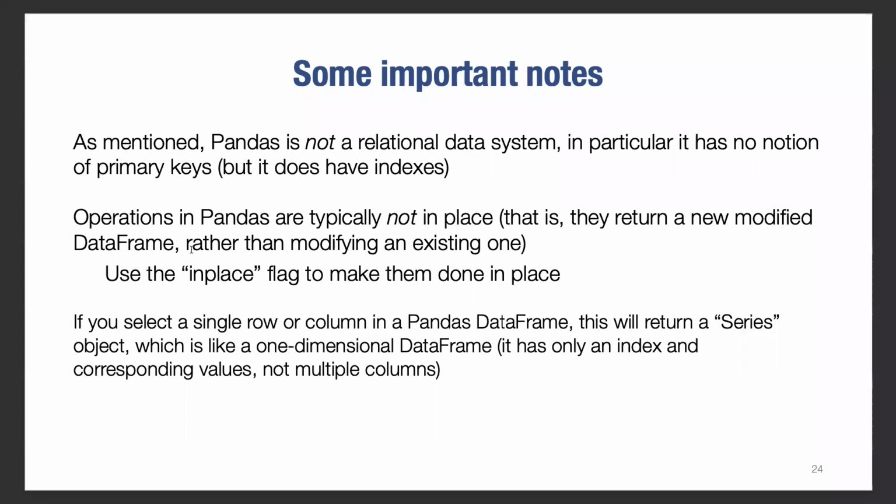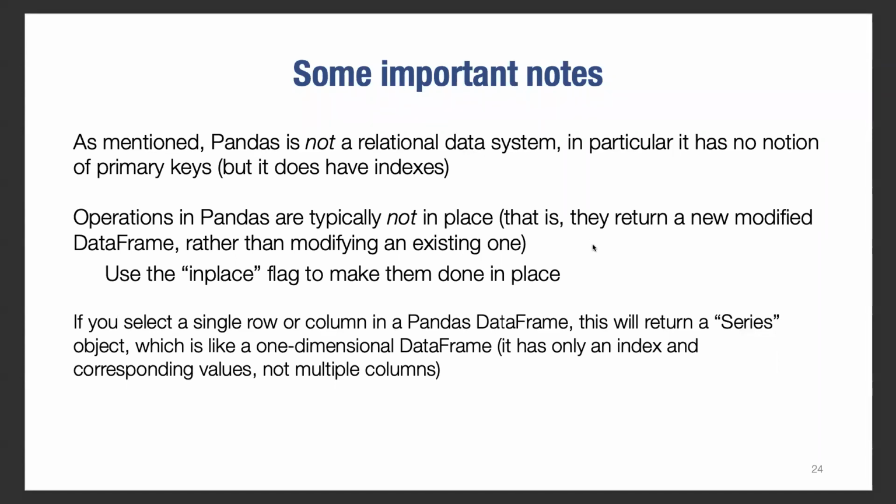Now they say operations in pandas are typically not in place. They return a new modified data frame every time rather than modifying the existing one. So you have to do one of two things to make a change to your data frame: you either use the in place flag, or you assign the new result back to the old one.